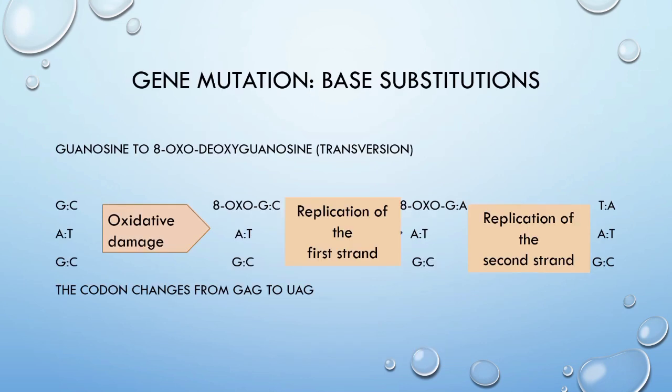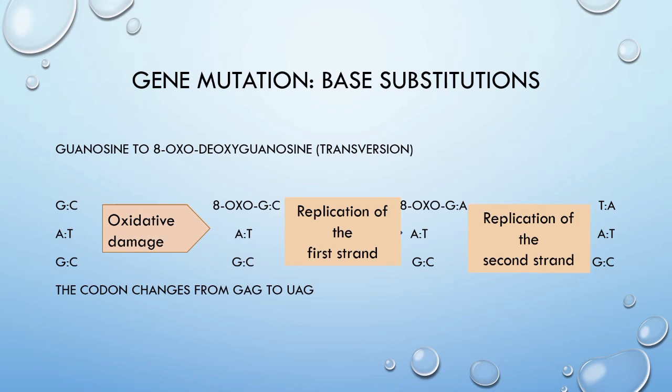Now the first example of base substitution we'll be looking at here is an example of transversion from guanosine to 8-oxodeoxyguanosine. Now the sequence we're looking at is GC, AT, and GC. Now we'll be talking about the GC, the first one, actually being affected. Now it undergoes oxidative damage, and then 8-oxoguanosine is formed, and then it pairs with cytosine normally.